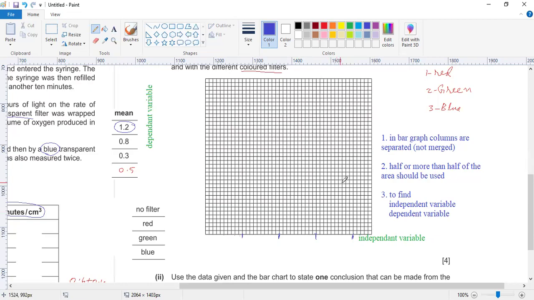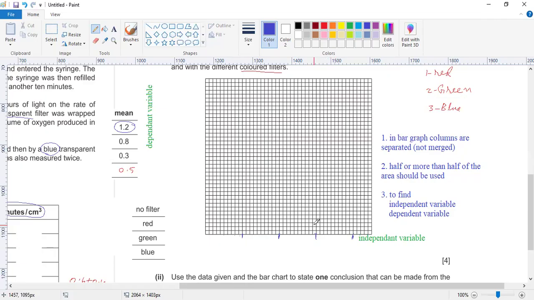Now, another thing, as I have told you, more than half of the area should be used, and on the axis it should be distributed evenly.